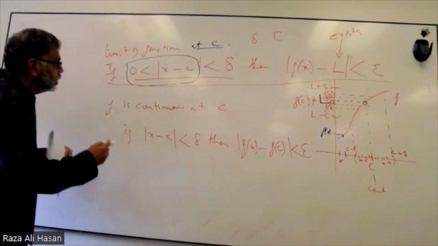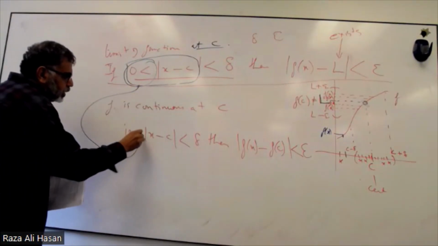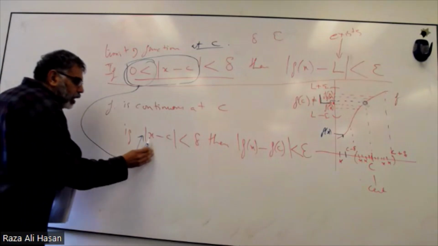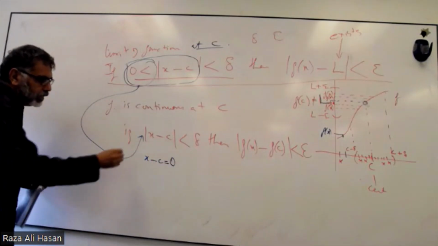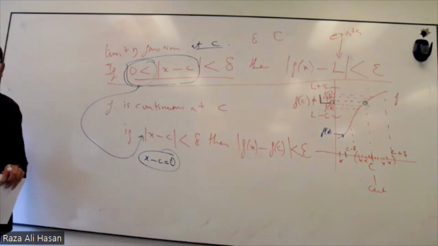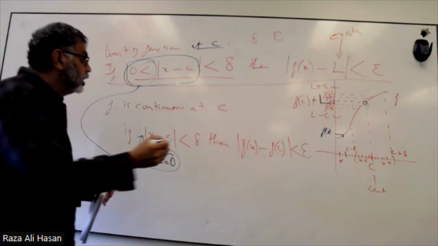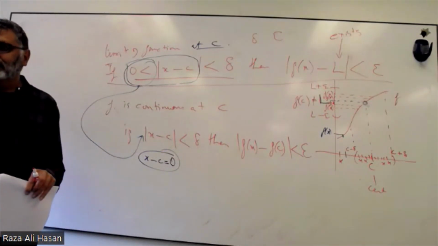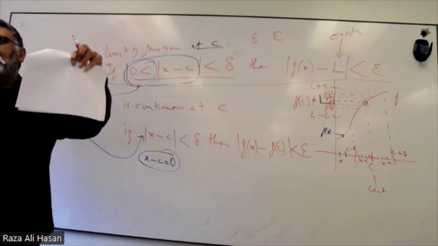Okay, so in other words, this section here is missing. We want the difference x minus c to be small, because this condition is missing, this is a possibility now. We want this to be true because when we take derivatives of continuous functions, their left and right limits are the same.